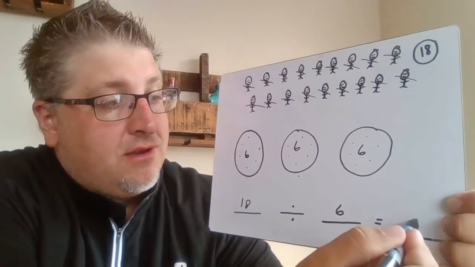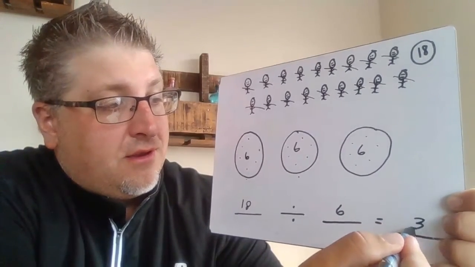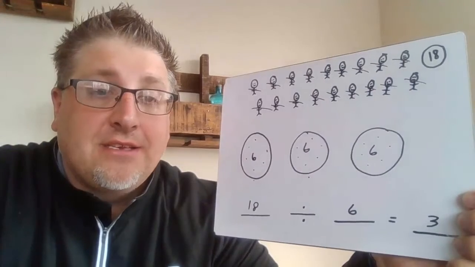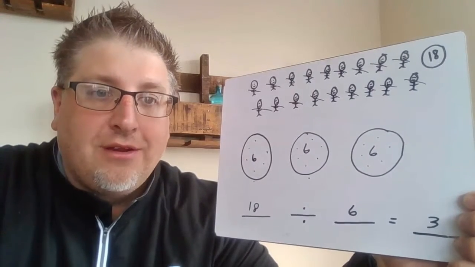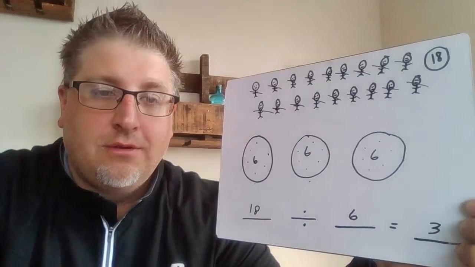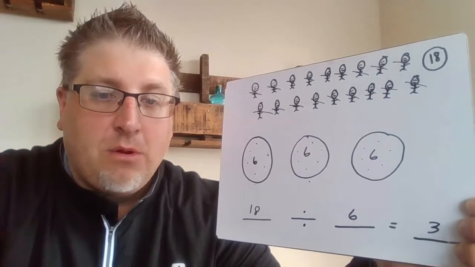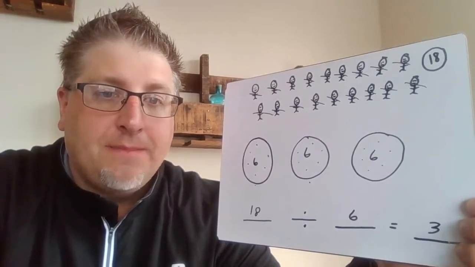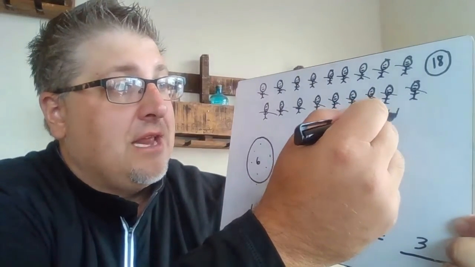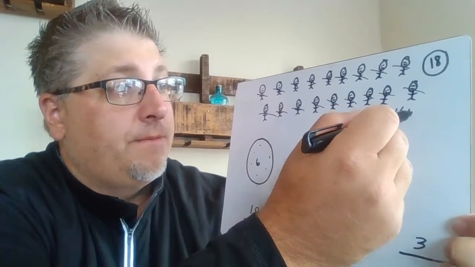Okay? All right? So 18 divided by 6 is 3. Okay? We got 6 people at each table. And if we added that up, 6 plus 6 plus 6 would give us 18. Look at that.